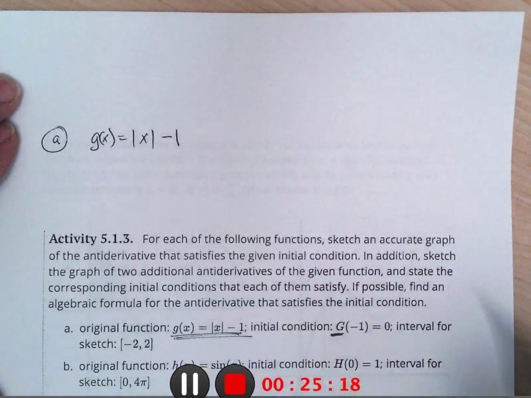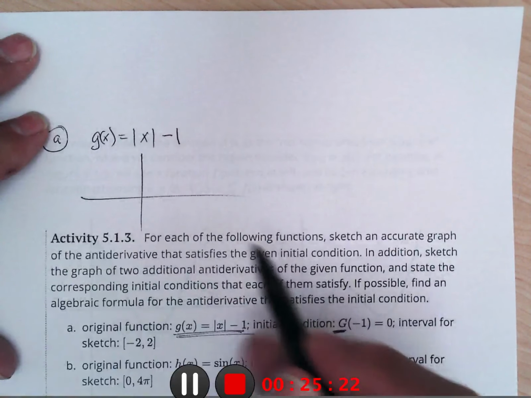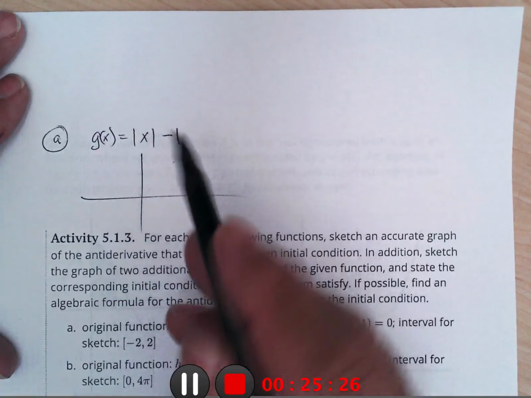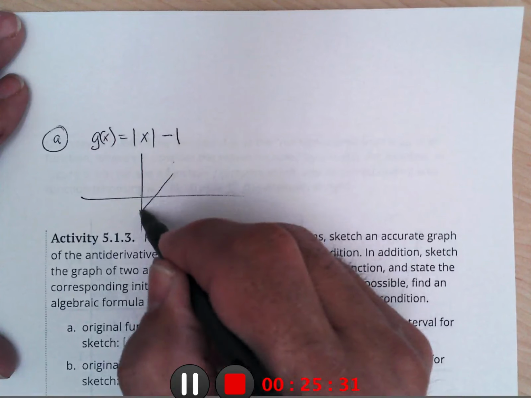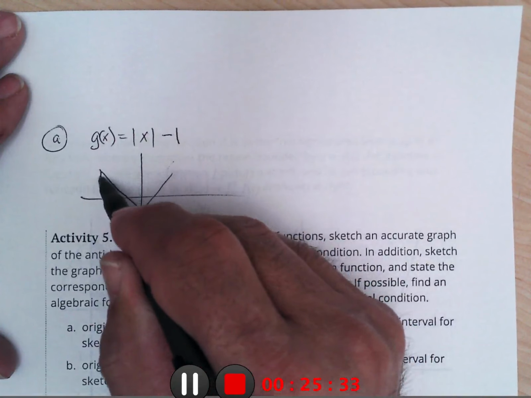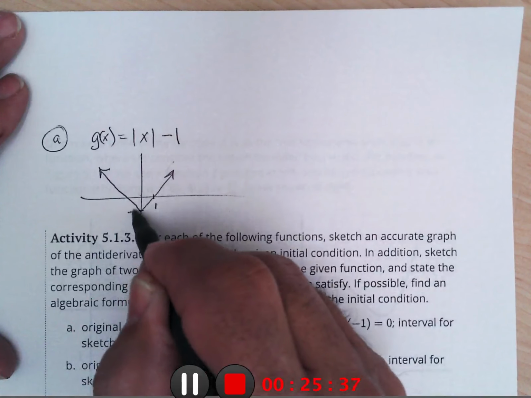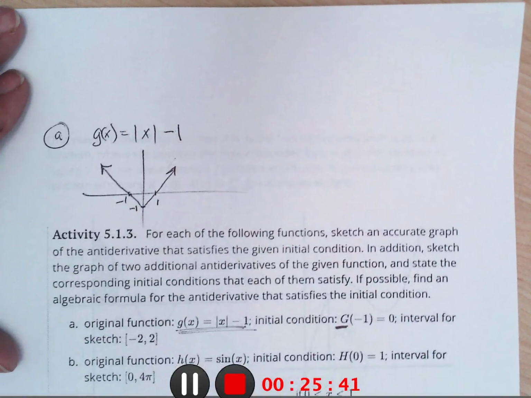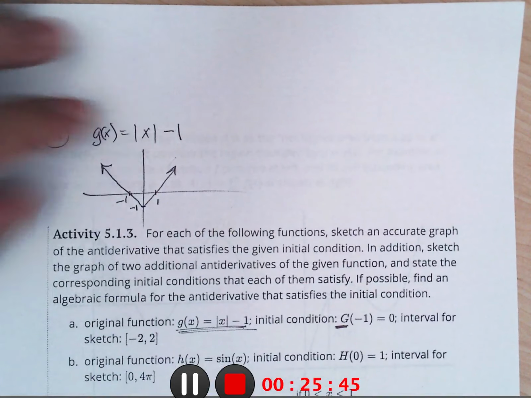And hopefully from your pre-calc days, you know that the absolute value is a V, dropped down 1, so it would look like this. Going through 1, minus 1 on the y, and minus 1 on the x. Because this is the absolute value, lowered 1.